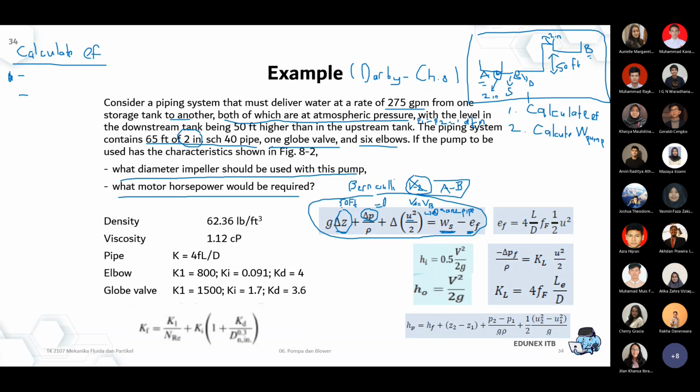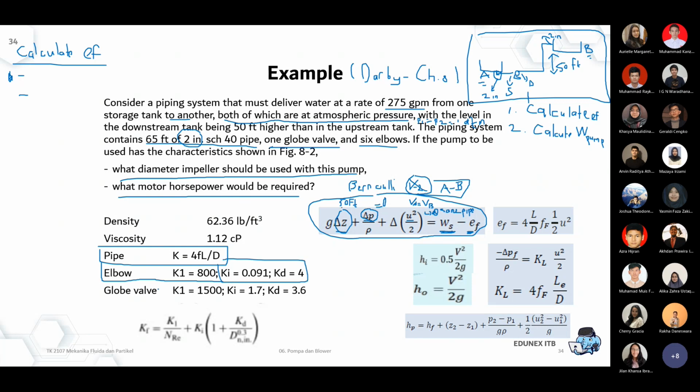That is for the 65 mm or 2 inch schedule 40 pipe, 1 globe valve, and 6 elbows. And then it was mentioned that for a pipeline, your fitting K would be FLD. For every elbow, you can use K1 as 800 or KD as 4.